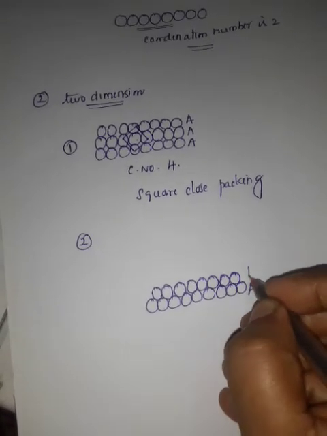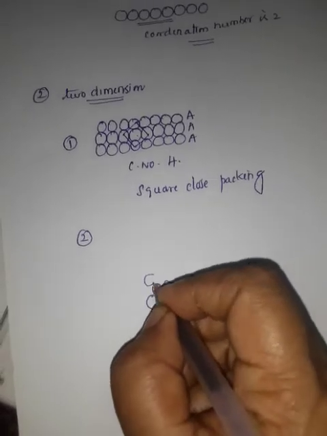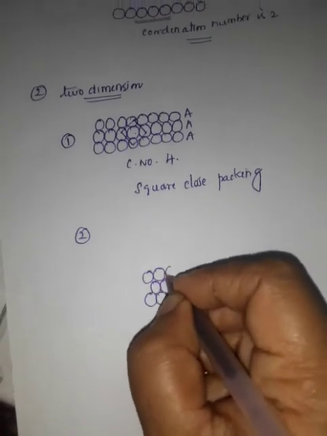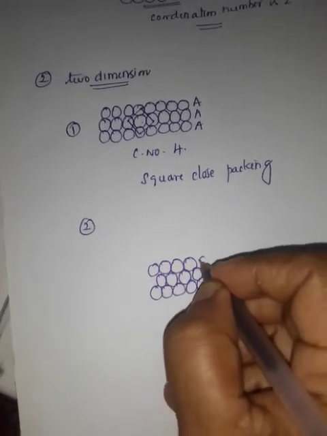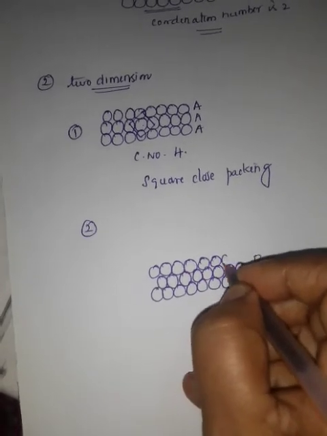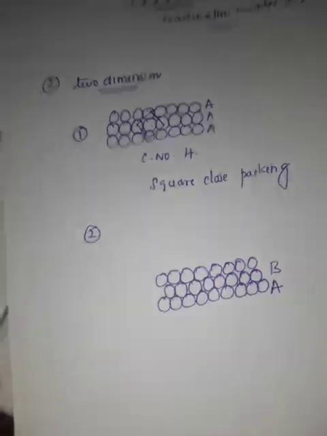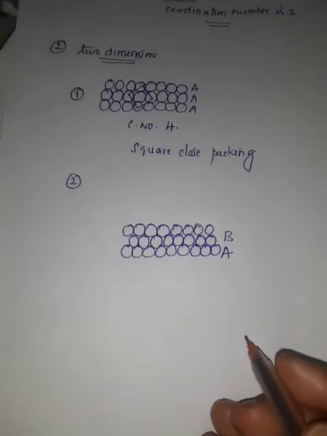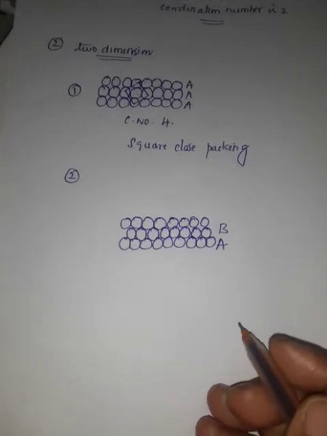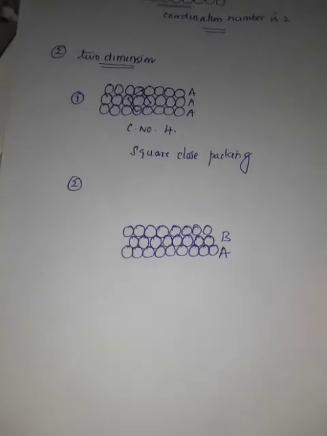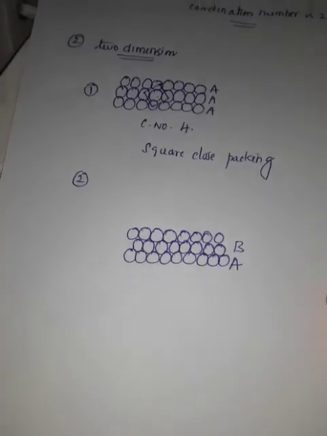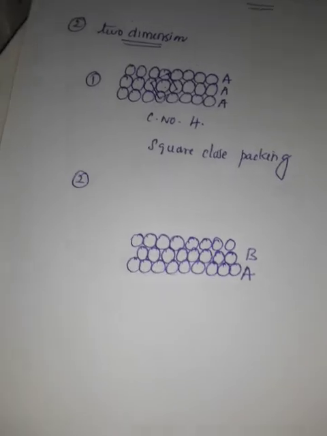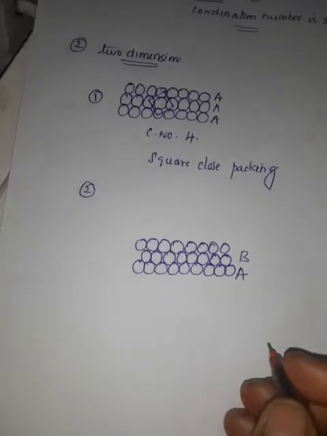This is A, this is B, then once more A. This is the AB type. Here, each sphere is in contact with 6 neighboring spheres.